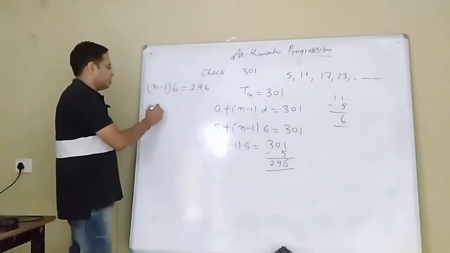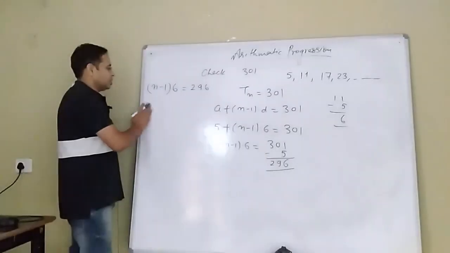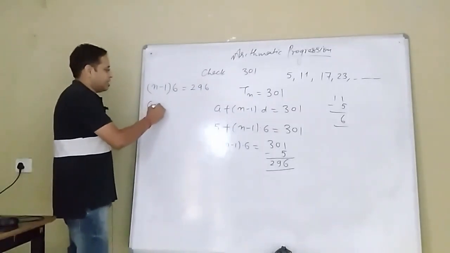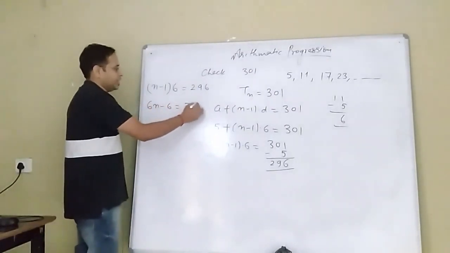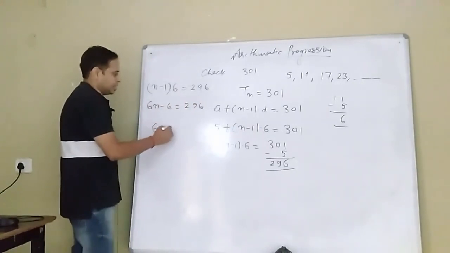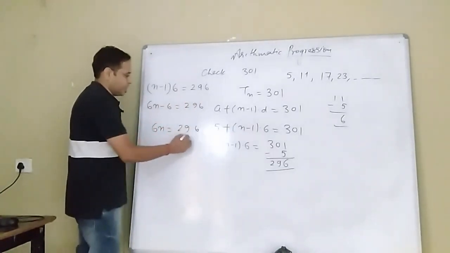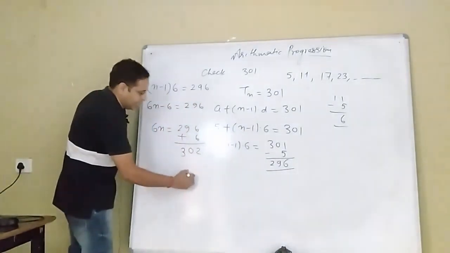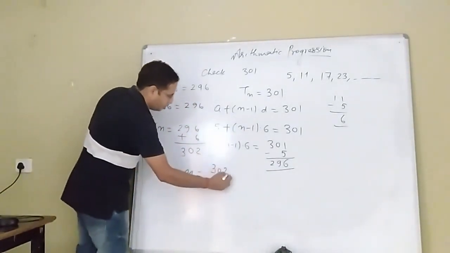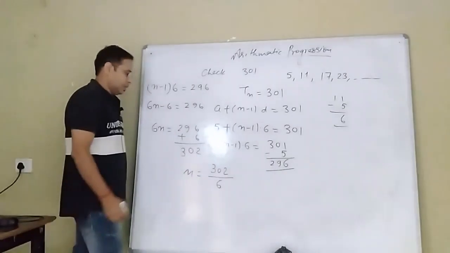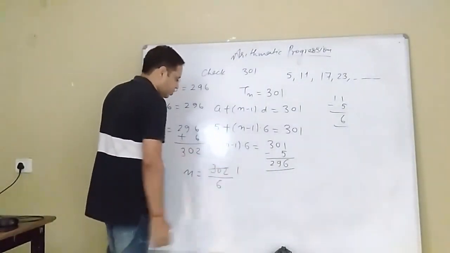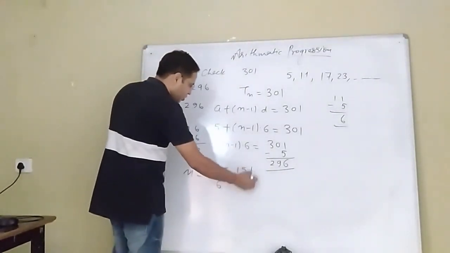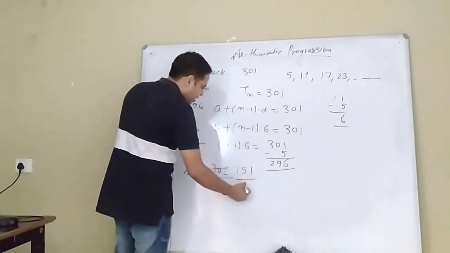So n minus 1 equals to, yes, so फिर से multiply कर दो. 6n minus 6 equals 296. 6n equals 296 plus 6. So you'll get n equals 302 upon 6. Let's divide. 2 1s are 2, 2 5s are 10, 2 1s are 2, and 2 3s are 6.